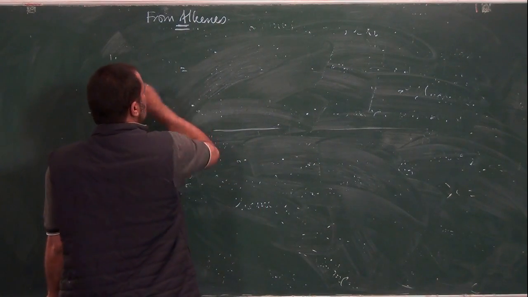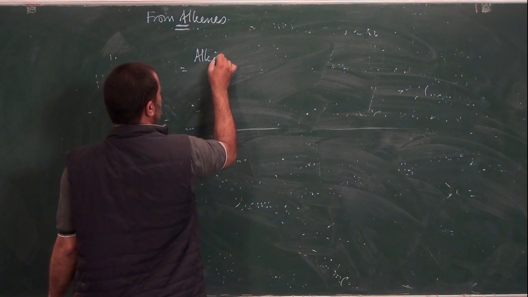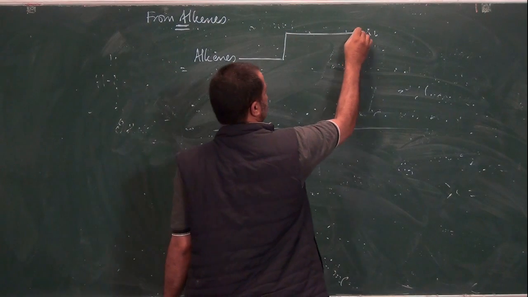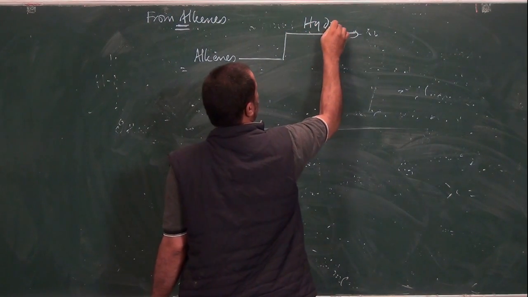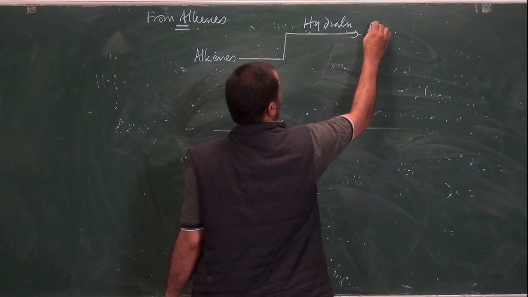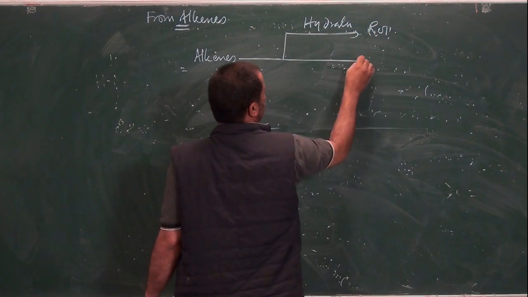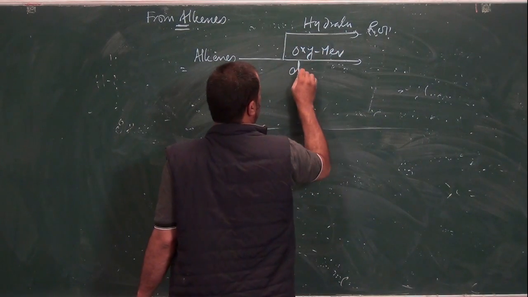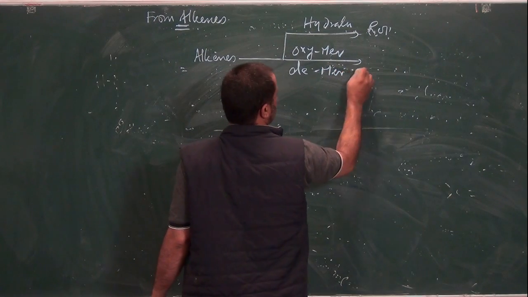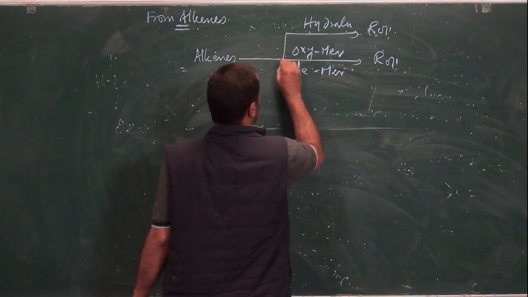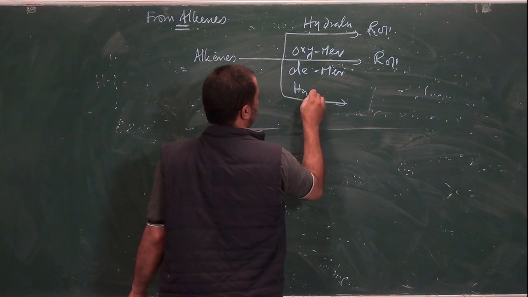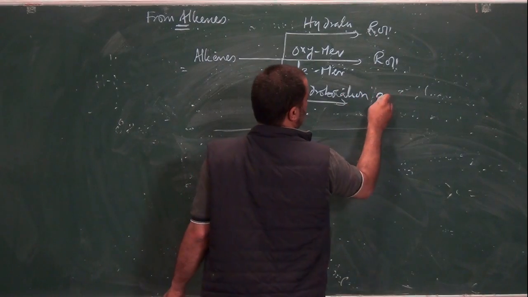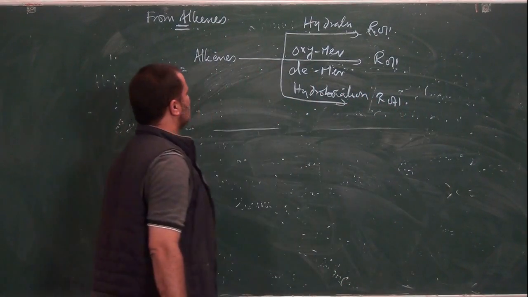Number one, from alkenes: hydration gives alcohols. Oxymercuration-demercuration gives alcohols. Hydroboration gives, again, alcohols.